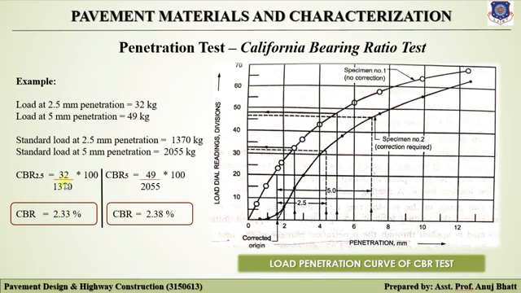Here an example is given, according to the readings shown in the figure. If we talk about specimen number 1, the load at 2.5 mm penetration, so this is the 2.5 mm point, and for that this line is inside over here.